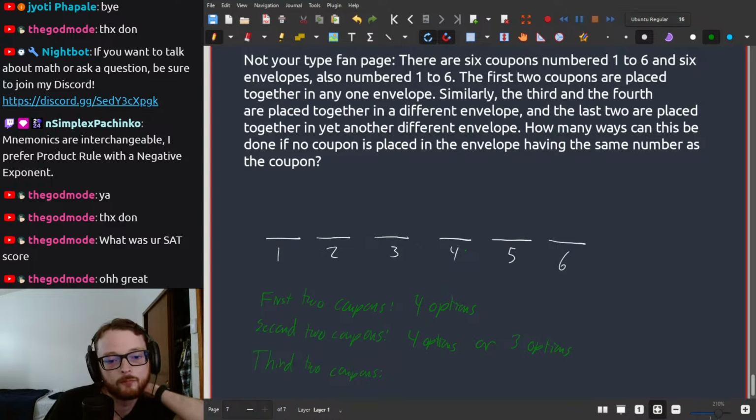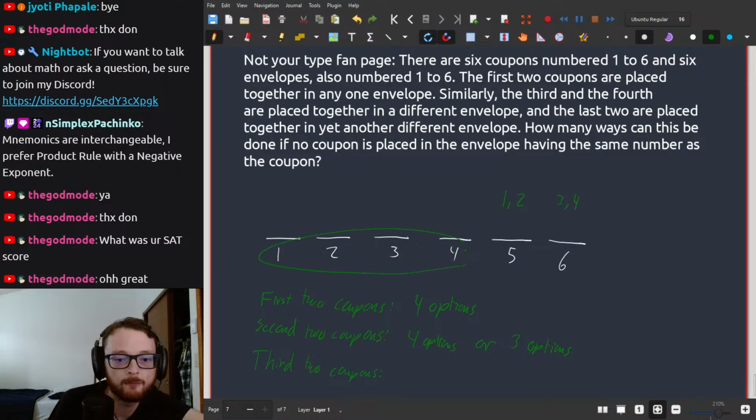So let's say the first two coupons went in 5. The second two coupons went in 6. That would mean the third two coupons have 4 options. Man, I'm gonna get lost in counting the cases properly.